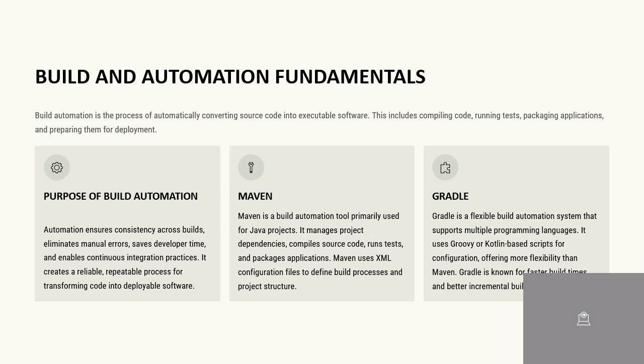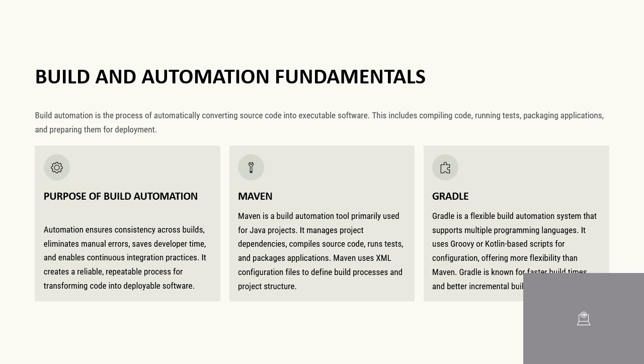Now, build and automation fundamentals. Build automation is the process of automatically converting the source code into executable software. So you have an idea of the steps, right?